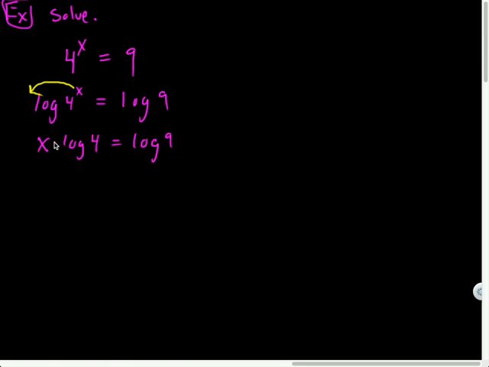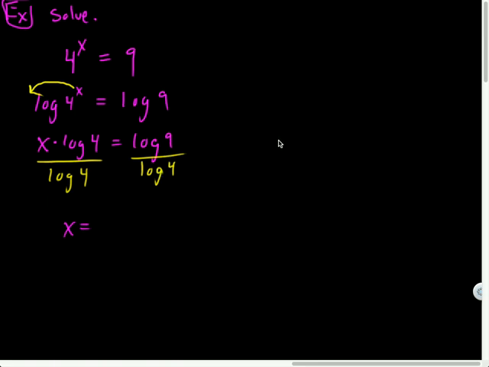So now how could I solve for x? Divide both sides by x. No, by log 4. Log 4 is just some number, so that's essentially our coefficient. So if I divide both sides by log 4, I get x equals log 9 over log 4.